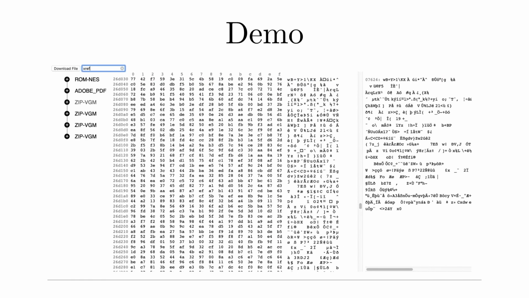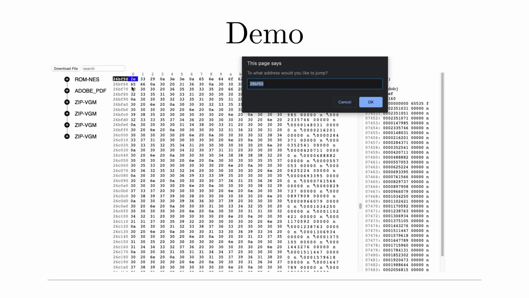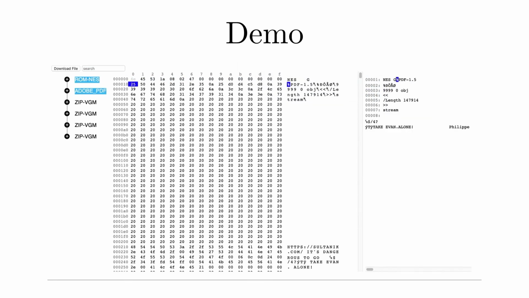Also, you may have noticed that in the NES ROM, it actually extracted the sprites in the CHR ROM and was rendering that there. Here we're inside of a PDF dictionary, and you can drill down into key value pairs. There was a PDF object that contained a stream that contained a JFIF stream that was a JPEG object that was an image that we extracted there.